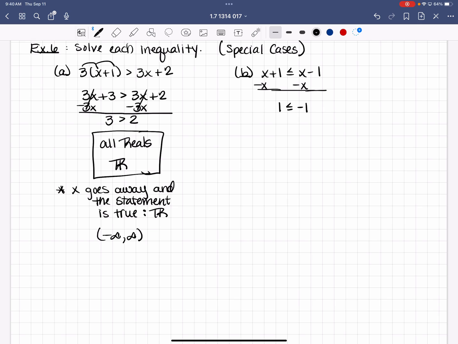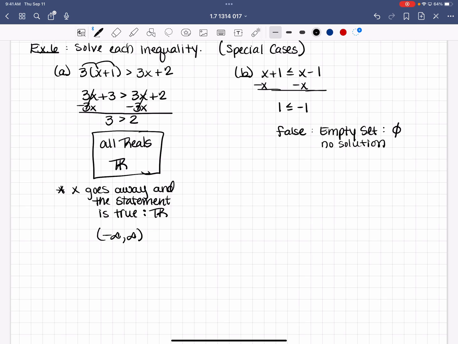Is that true? No, this is false. So I'm going to write empty set. They might write out empty set. More than likely, they're going to do a circle with a line through it. Or they're also going to say no solution.